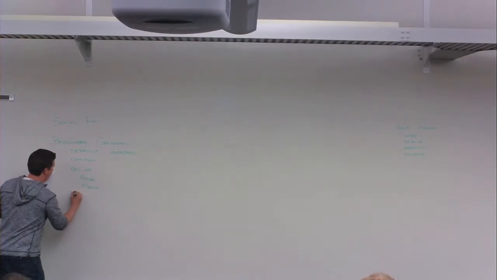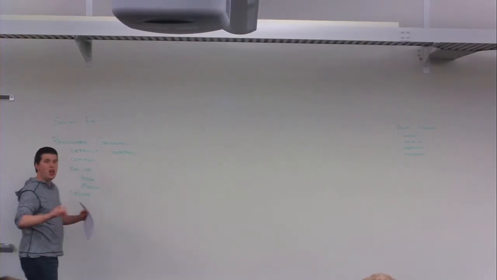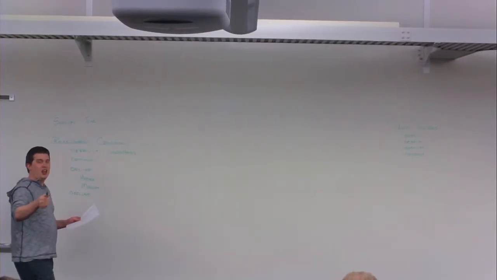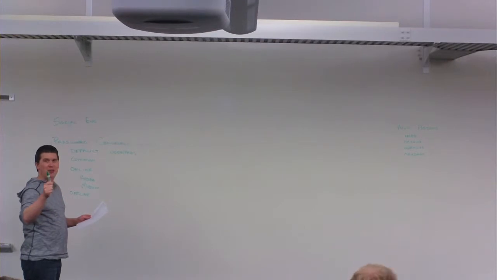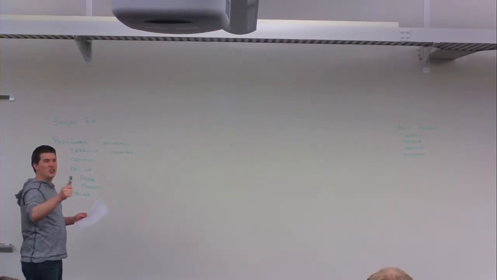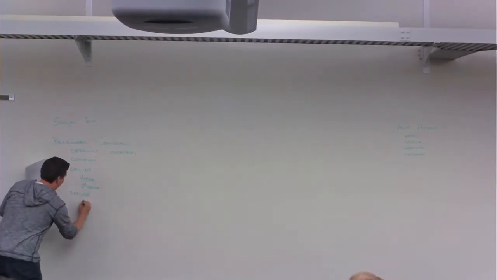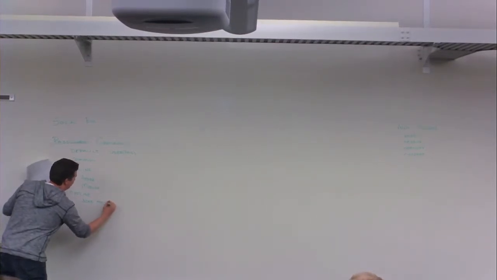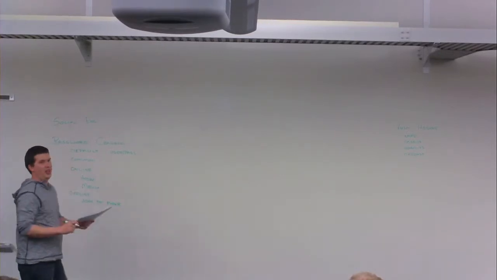The offline variety has one major champion. There's lots of them out there, but the most preferred one, does anybody know it? Kane. Kane's one of them, but the one I want to talk about today is John the Ripper. That's the name of the program? Yep, it's called John the Ripper. Now this one is offline.